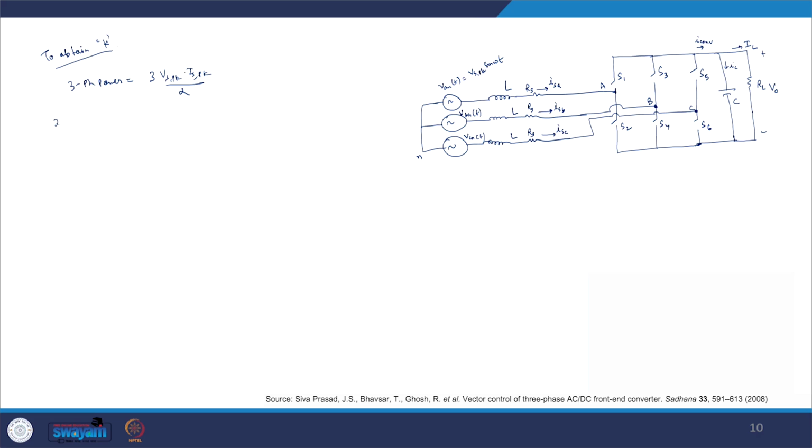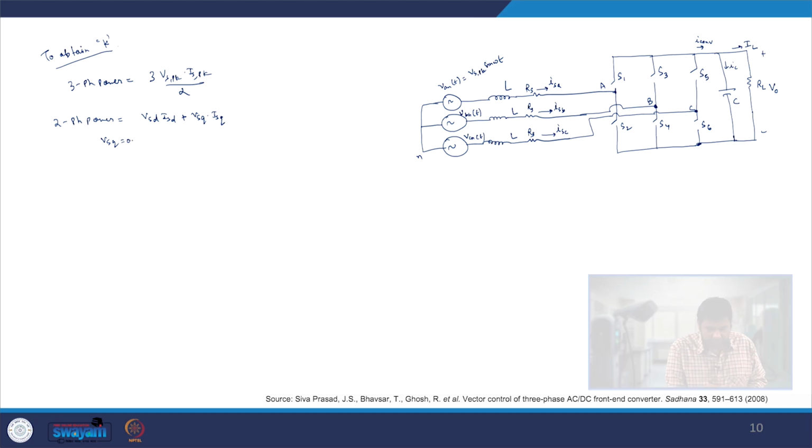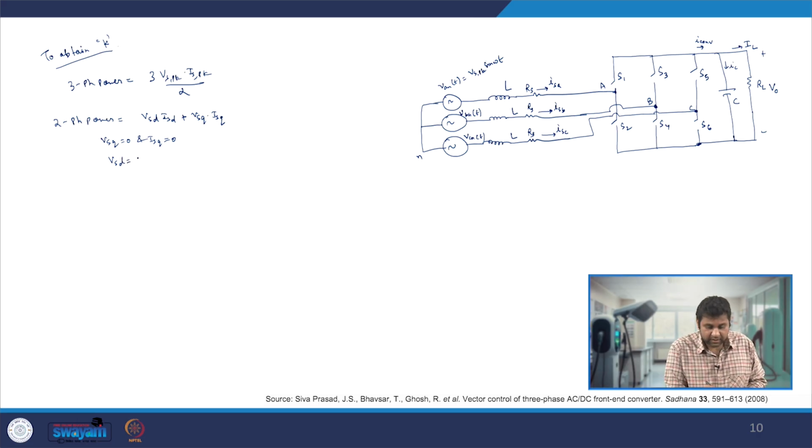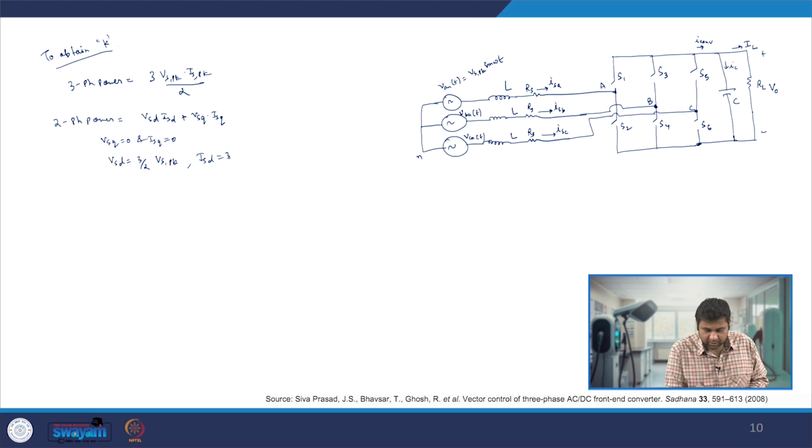Similarly, we can write 2 phase power to be VSD ISD plus VSQ ISQ, and we know that our VSQ is equal to 0 and ISQ is equal to 0, and we know that VSD is nothing but 3 by 2 times Vs peak and ISD is nothing but 3 by 2 times IS peak.